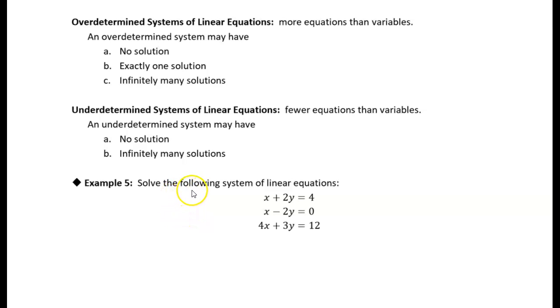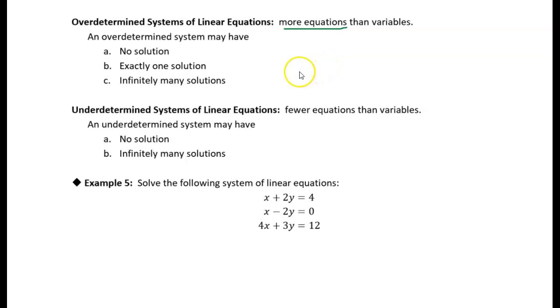All right, so next we're going to talk about overdetermined and underdetermined systems of linear equations. An overdetermined system of linear equations is one in which you have more equations than variables. In those situations, really the only way that you can get exactly one solution is if two of those equations are really the same line.